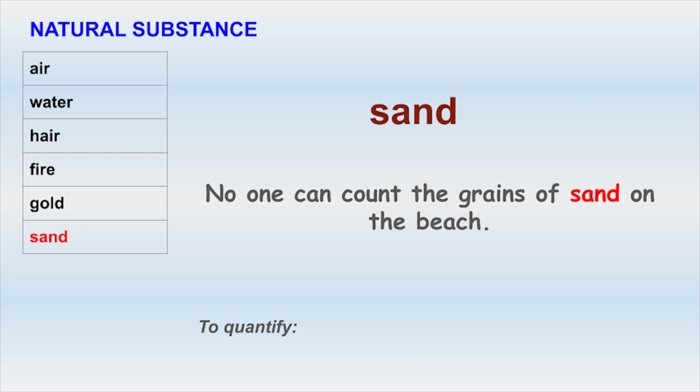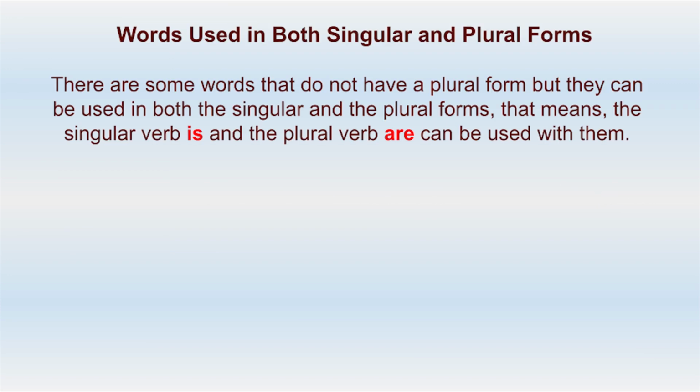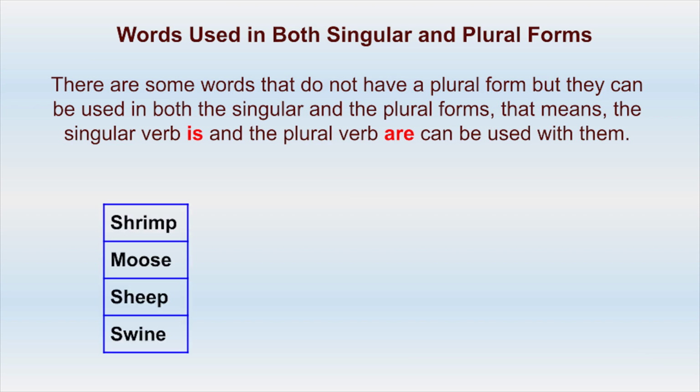That ends our categories, but please note, there are some words that do not have a plural form, but they can be used in both the singular and plural forms. That means the singular verb is and the plural verb are can be used with them. Examples of these words are shrimp, moose, sheep, and swine.